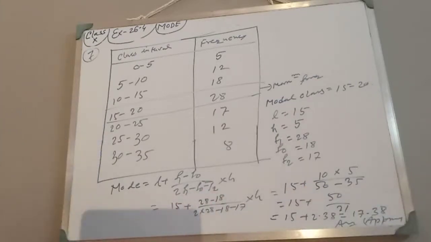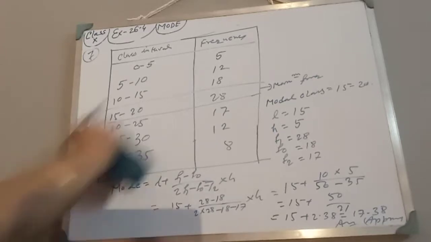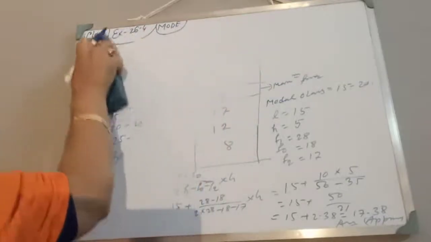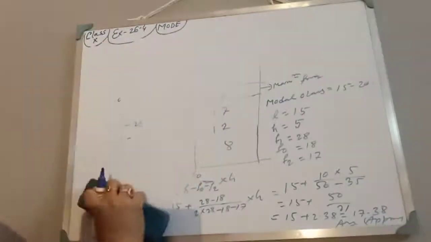Okay. Next sum number 8, the last sum of this exercise. Very easy, very easy. Mode is very easy, easier than mean and median.